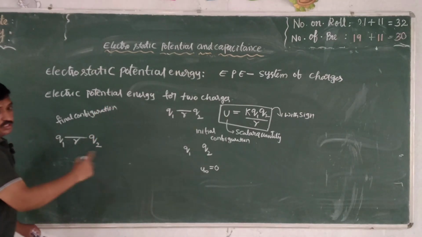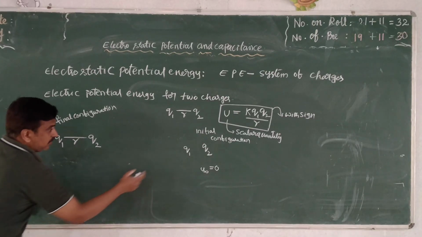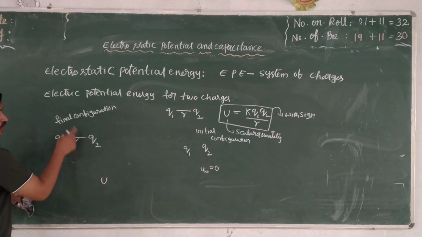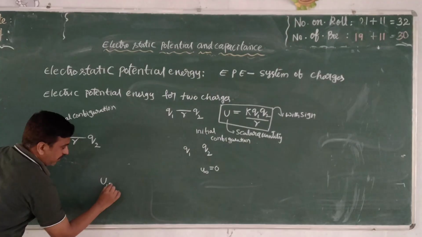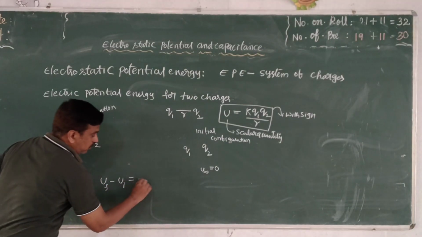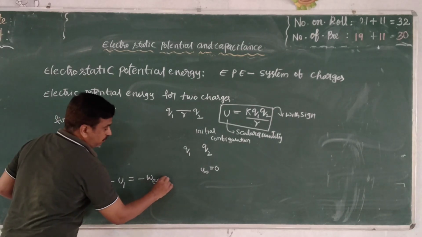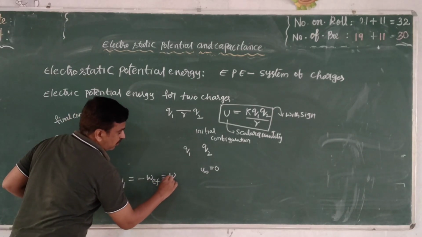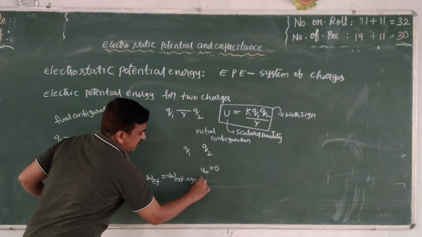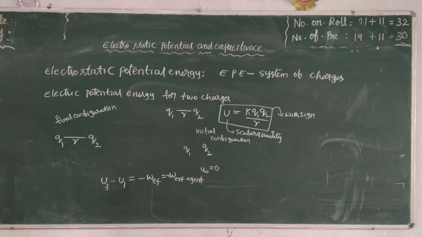So the change in potential energy, U final minus U initial, is equal to negative of work done by electric force, or positive of work done by external agent. This is the definition of electric potential energy.